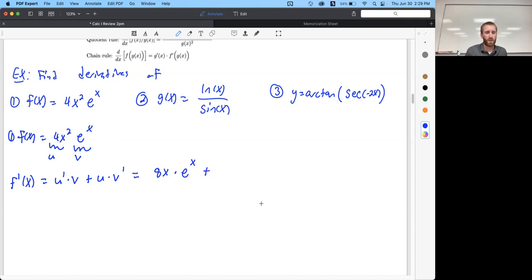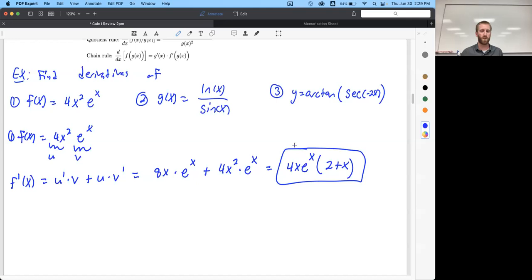Then we add to that 4x squared without a derivative times the derivative of e to the x, which is still e to the x. And that's it. That's the derivative. We can simplify it. Like I can factor out a 4x e to the x and be left with a 2 plus x. But that is our derivative.